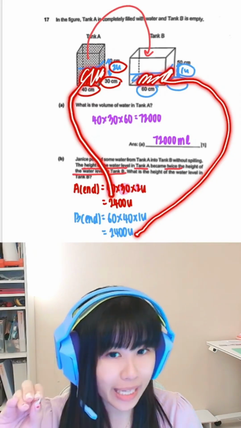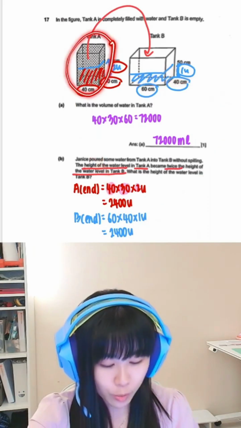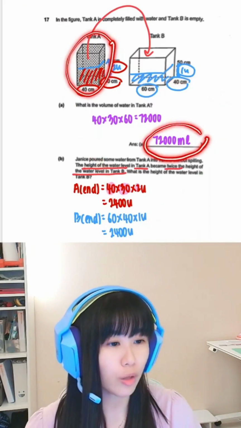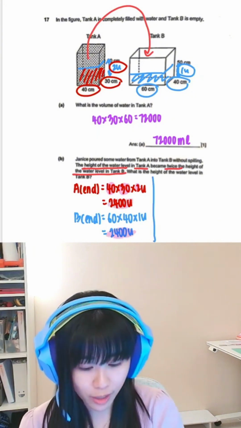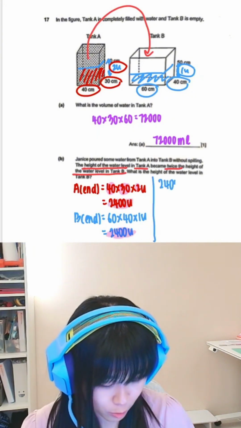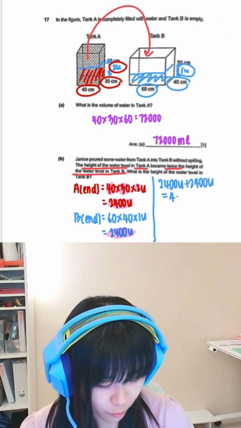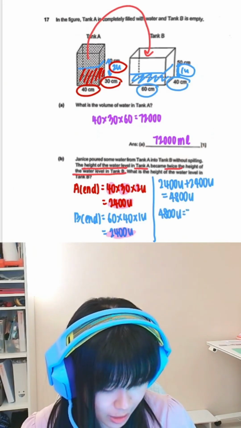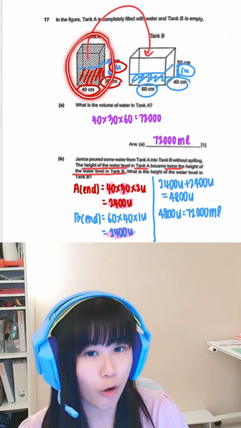The water in the end in tank A and in tank B, they all come from tank A, which was 72,000 ml. So what you just need to do is take the volume here, plus with here, 2400 units plus 2400 units. Okay, total volume is 4800 units, and they all come from the 72,000 ml, which was from tank A originally.